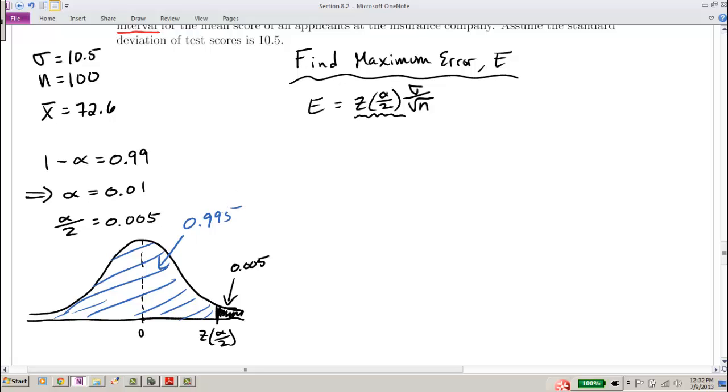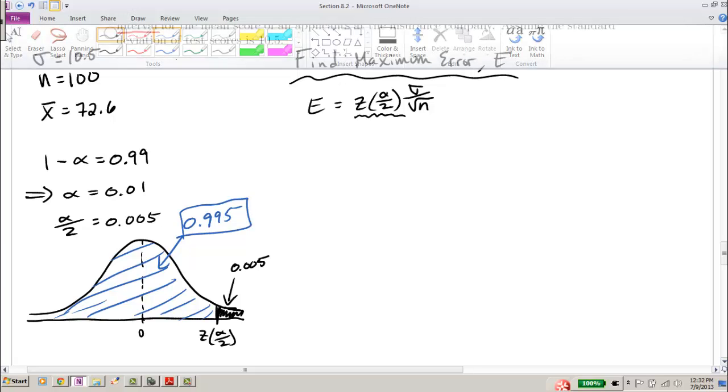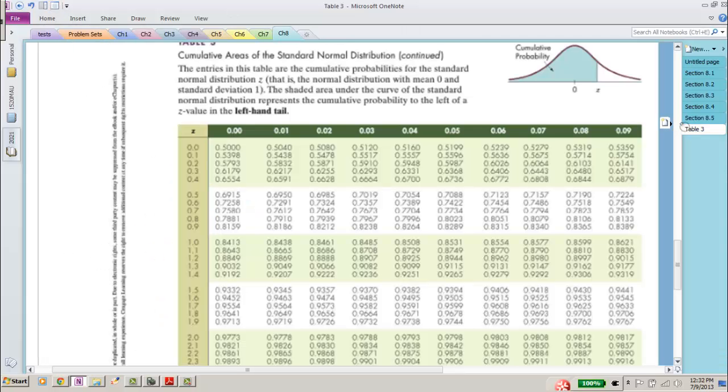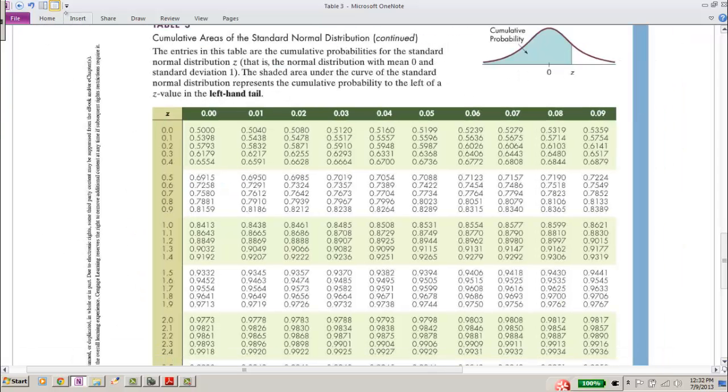And this is the area we're going to use when we look up at the table. We're going to find the closest we can get to 0.995 and the z-score associated with that. Z of 0.005 is, okay, let's go to the table. As close to 0.995 that we can get.